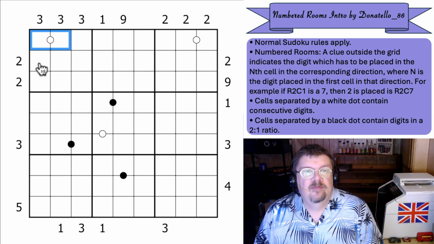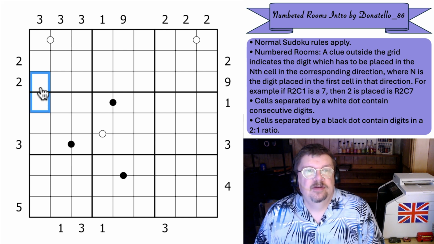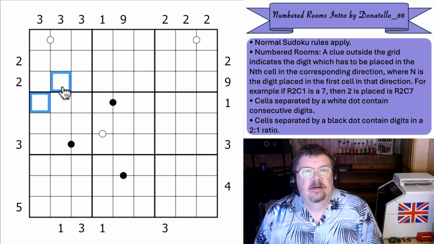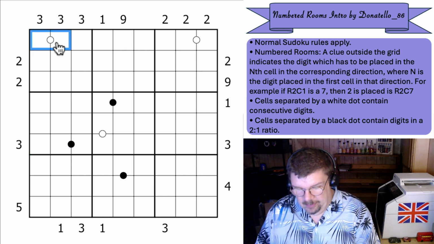Well, if my 3 were here, making this a 2, that would have to be a 1 or a 3. Well, that would mean a second 3 in this box. So the only places where I can make these 2 consecutive digits but cross boxes is here and here, or here and here.